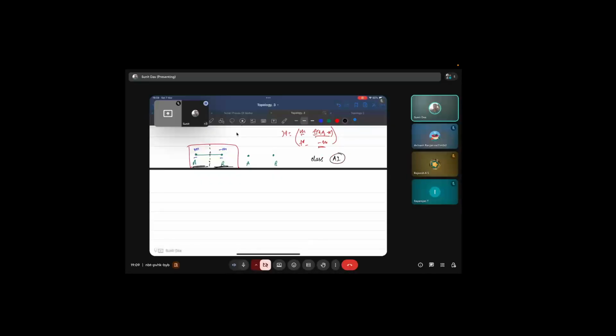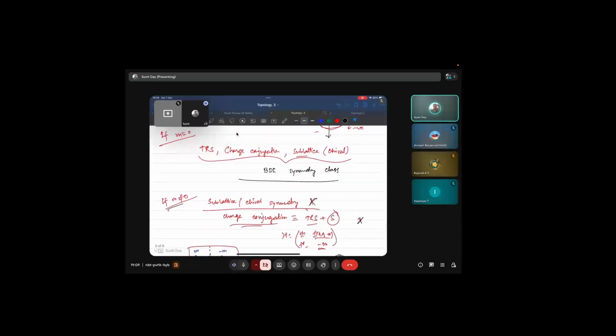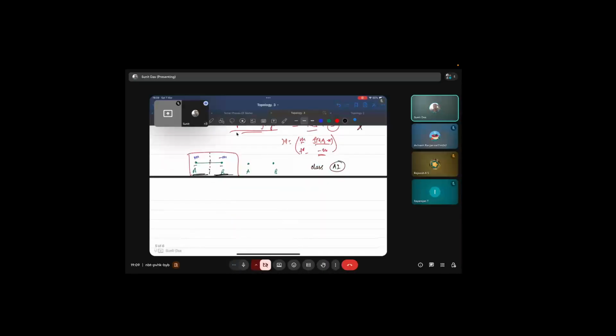So this is the A1 class symmetry. We can represent it as TCS, where C means charge conjugation, T is time reversal symmetry, and S is chiral. So TCS here was equivalent to 111, which means time reversal symmetry was there, charge conjugation was there, chiral was there. In this case, we represent it as TCS equivalent to 100, right? So time reversal is there, but charge conjugation is not there, chiral is not there, so 00.